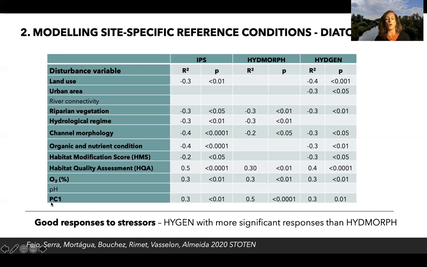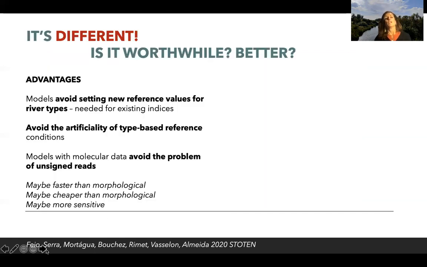All of them responded, so were significantly correlated to a global disturbance gradient given by the PCA axis 1. However, the Igene had more significant responses than the idmorph. So, well, yes, we have differences.